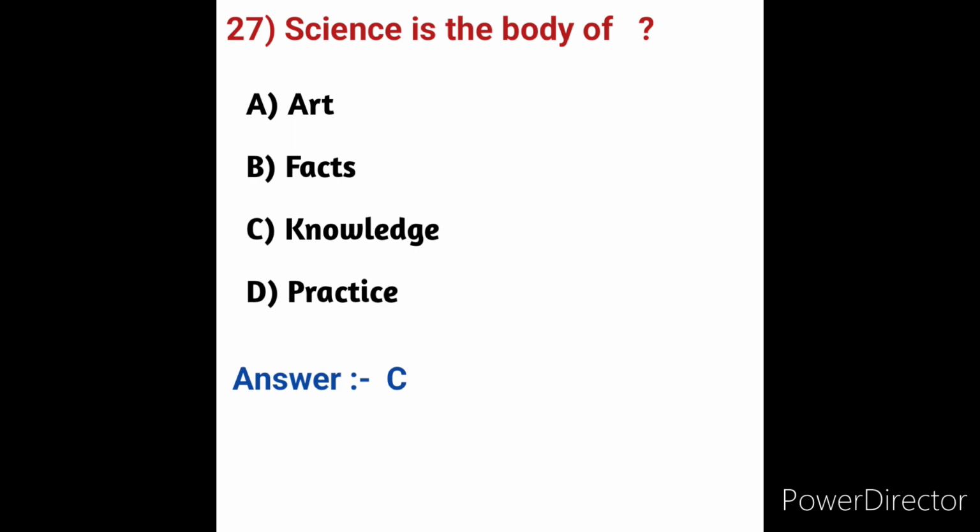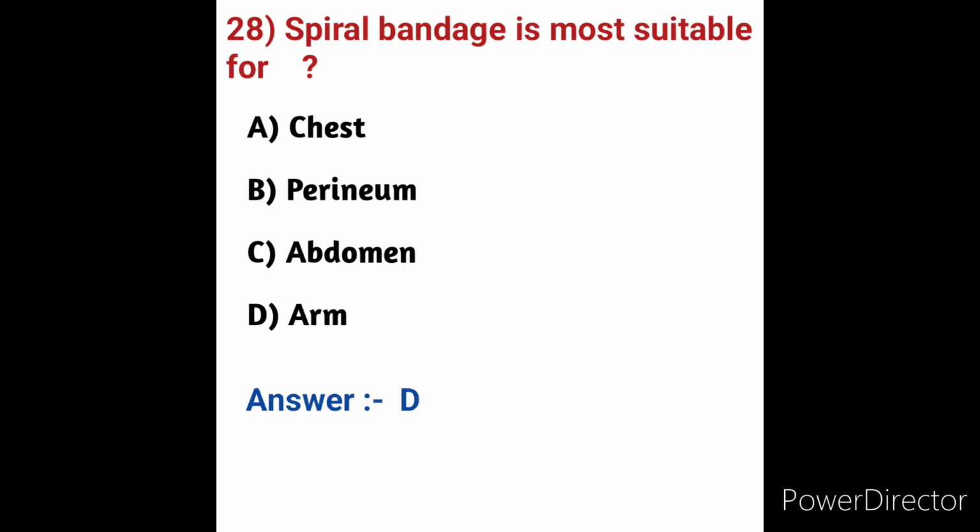Next we will move on to question number 28. Spiral bandage is most suitable for. The spiral bandage is most suitable for which option? Option A, chest. Option B, perineum. Option C, abdomen. And option D, arm. Spiral bandages are usually used for a cylindrical part of our body.